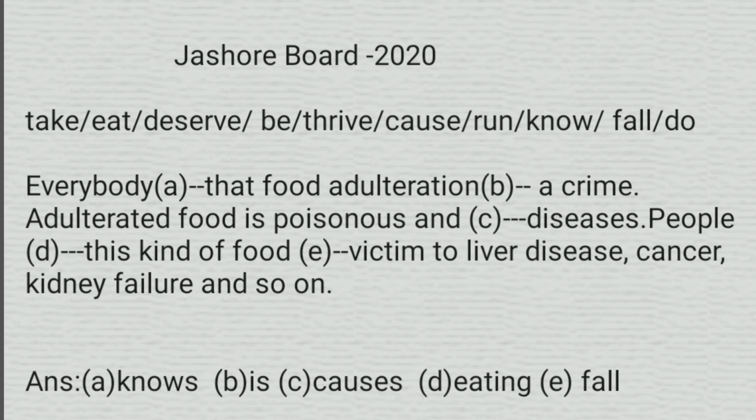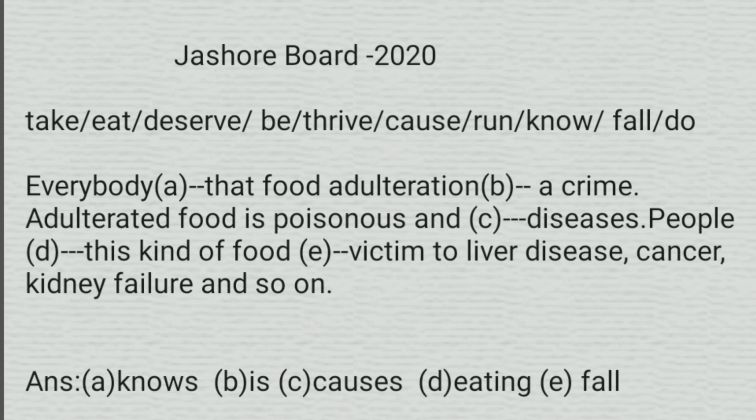Everybody dash that food adulteration dash a crime. Here the suitable word is know for the first gap and the answer will be know as it's present indefinite tense. And here we can see the word be and we know that am, is, are, was, were belong to be. So in the second gap the answer will be is.